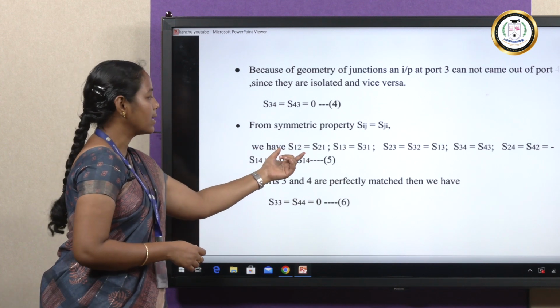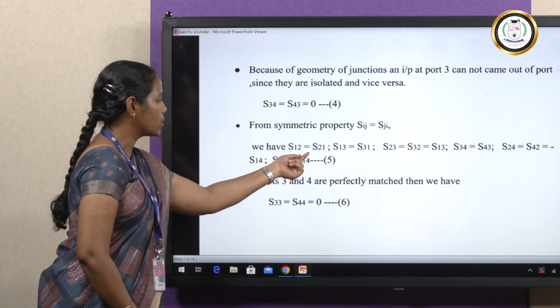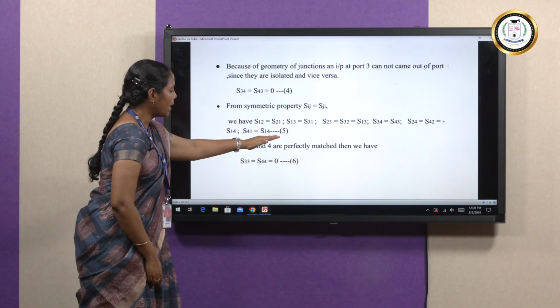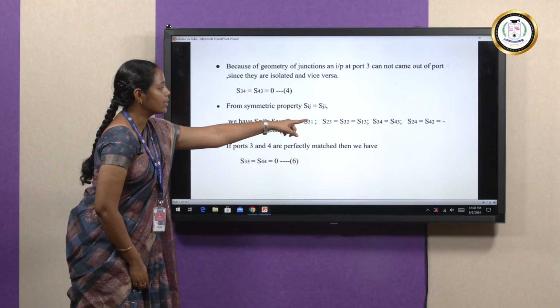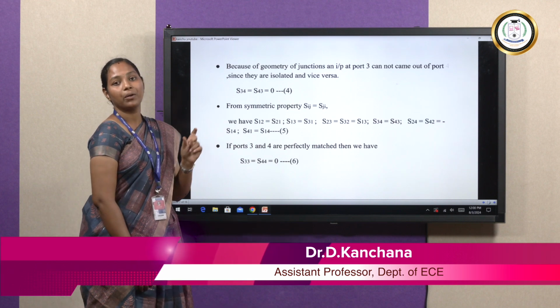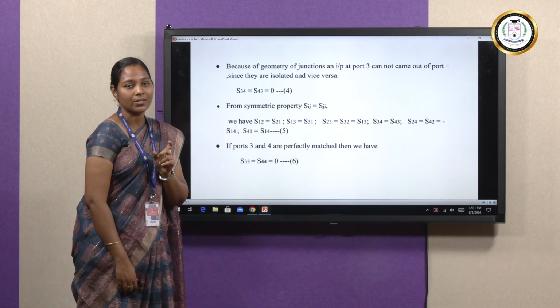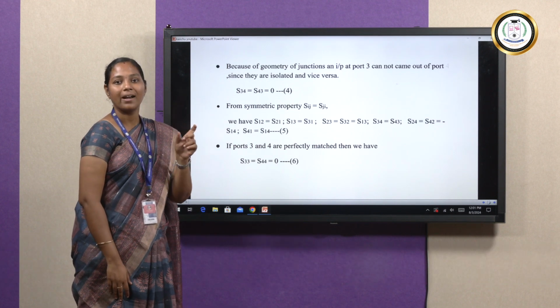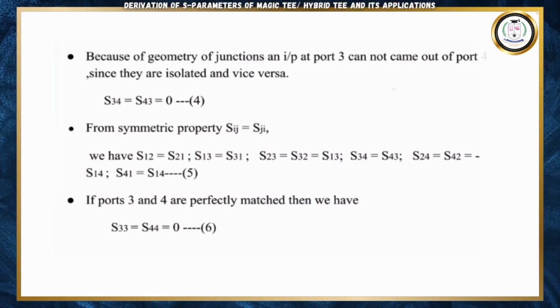So we write S12 equal to S21, S13 equal to S31. But in the case of S24 equals S42 equals minus S14, we have written this because we have applied the E-plane conditions, right? S24 equals minus S14, so we have to write it like that.